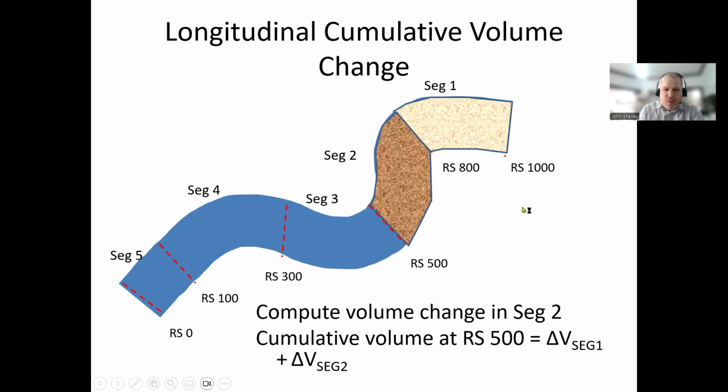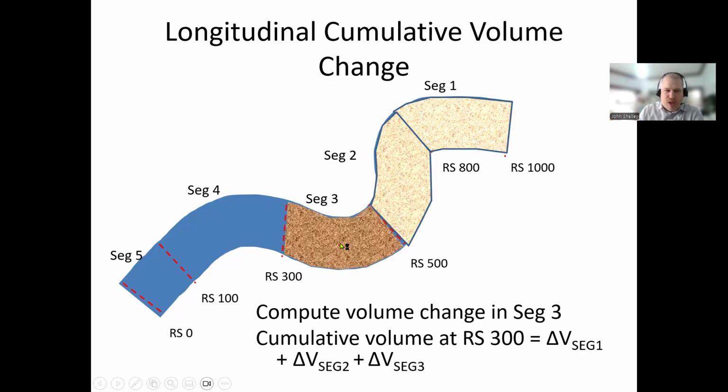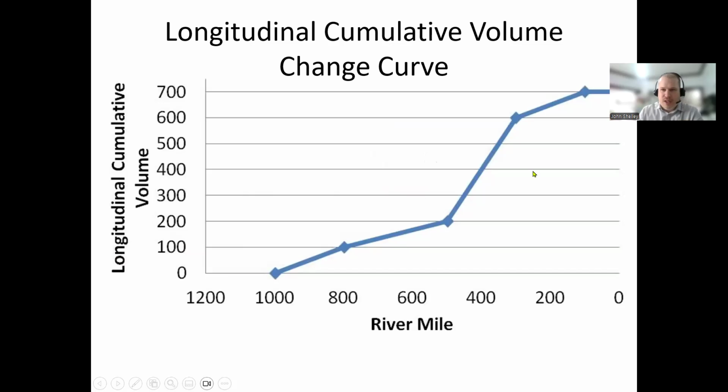Then we compute the volume change in segment 2, but what we plot at river station 500 is the volume change in segment 1 plus the volume change in segment 2, because we are accumulating the volume change from upstream to downstream as we move downstream. Then we get the volume change in segment 3, and we plot segment 1 plus segment 2 plus segment 3 at river station 300, and so on and so forth.